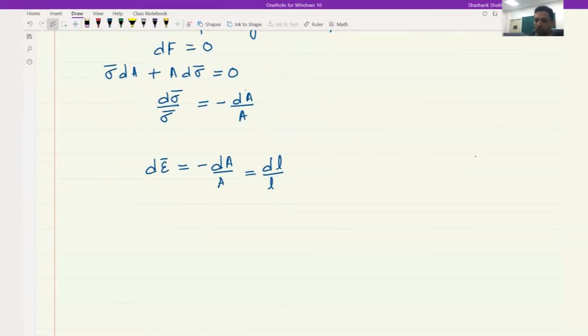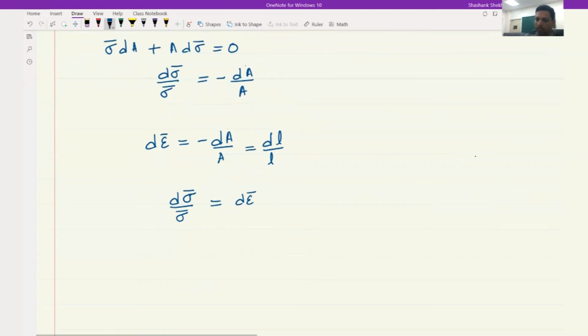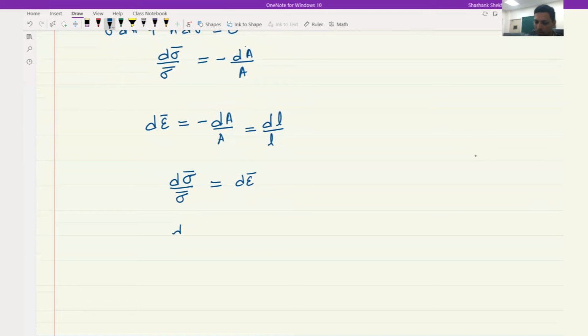Hence, we can write this equation also as d sigma by sigma bar equal to d epsilon.